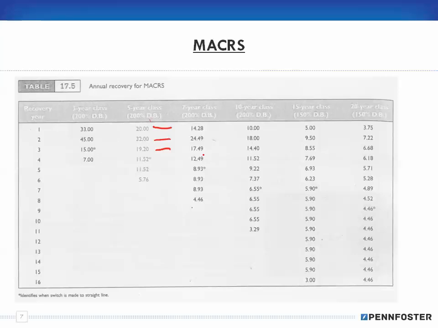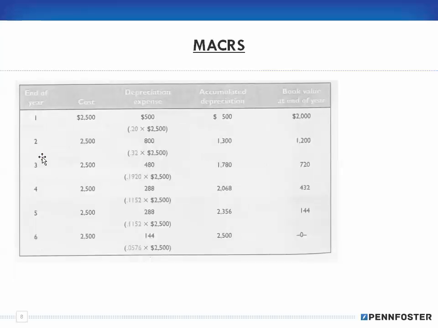So once we've determined that, we come to this table and we see our percentages that we're going to apply during that recovery year, right? Year 1, year 2, year 3, year 4, year 5. So we move down, and now we have to figure out what the depreciation amounts are, and of course create a schedule.